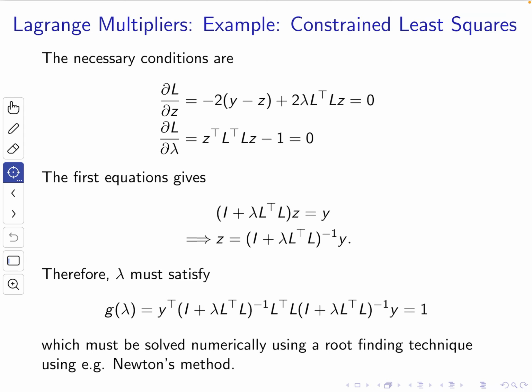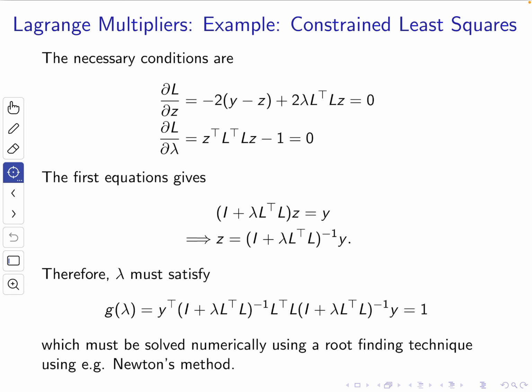So how do I find lambda? Well, I'm going to take this z and plug it in here and see what lambda has to satisfy. I plug it in, and there's my constraint. Notice everything in this equation is known except for the scalar lambda, so I have to find the lambda that satisfies this.